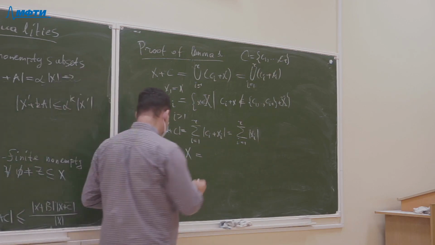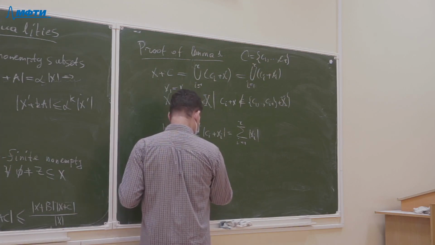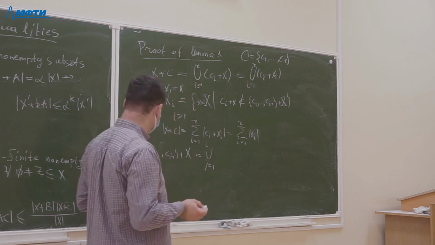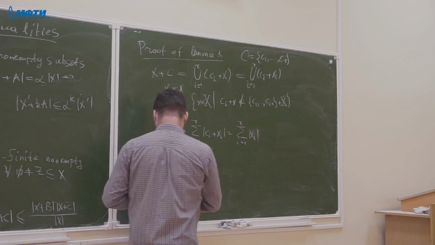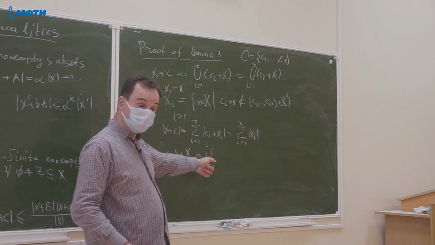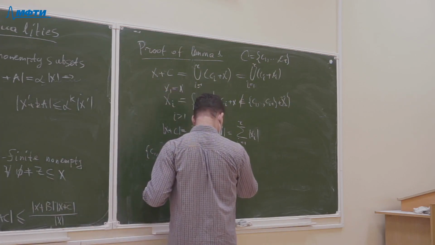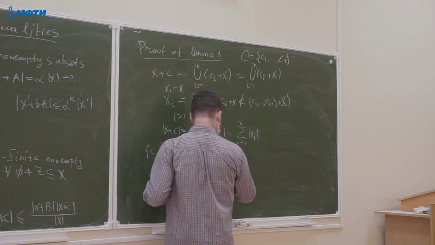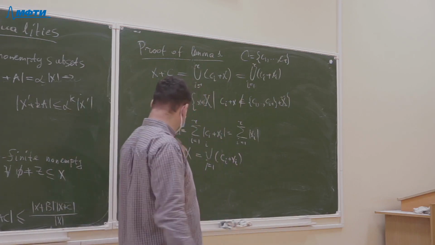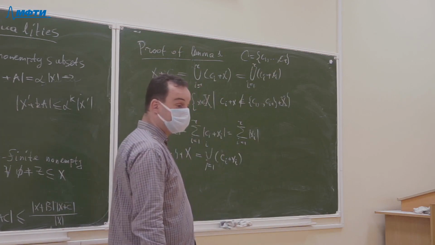Yeah, this is a non-intersecting union for j from 1 till i, C_i plus X. Even part of this sum set is also a non-intersecting union, right?